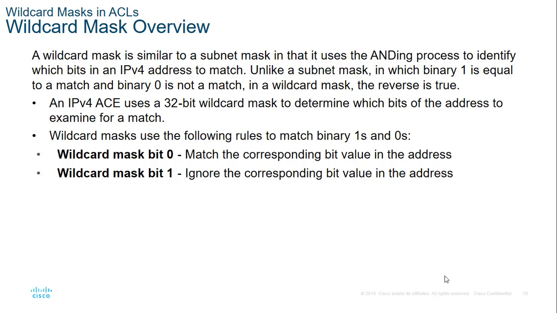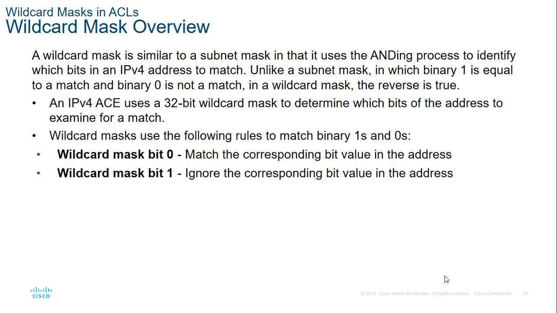The opposite would be true. So a wildcard mask uses the following rules to match 1s and 0s. A wildcard mask bit of 0 means match the corresponding bit value in the address, and a 1 is ignored.